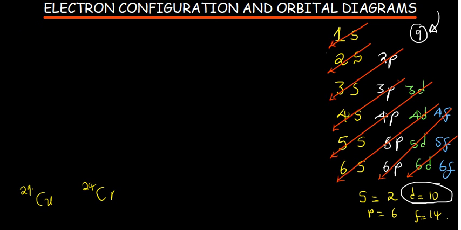But mostly in the papers, at least what I've seen, they are going to ask you to write the shorthand electron configuration. For you to be able to write that, you need first to visualize how a periodic table is. I'll just try to sketch the periodic table.